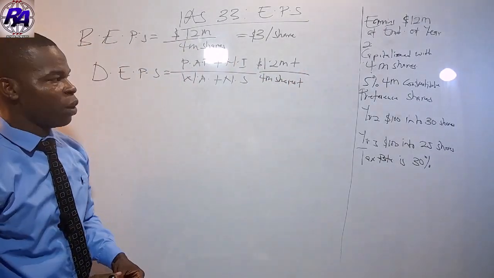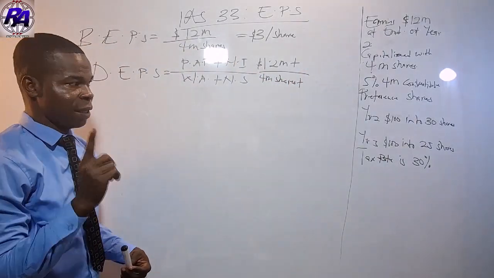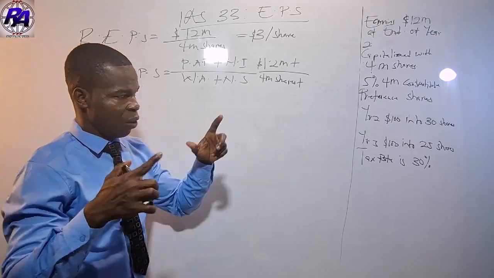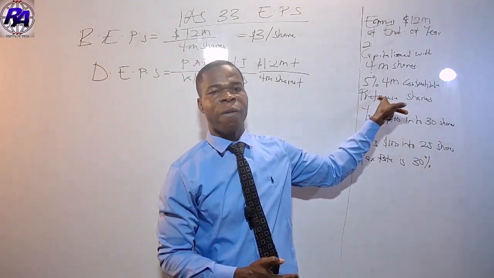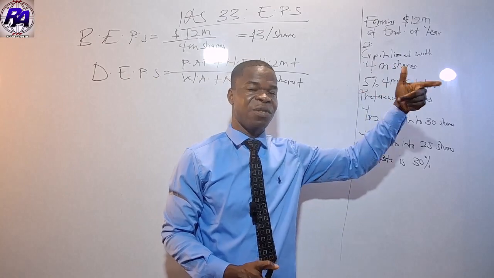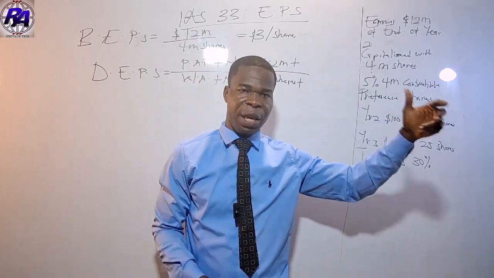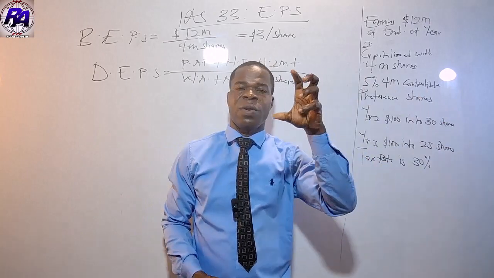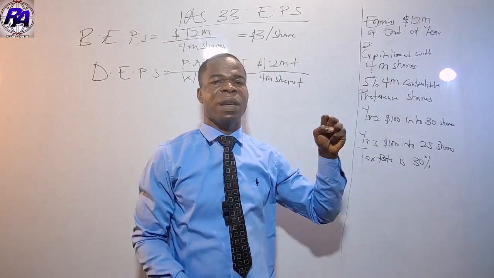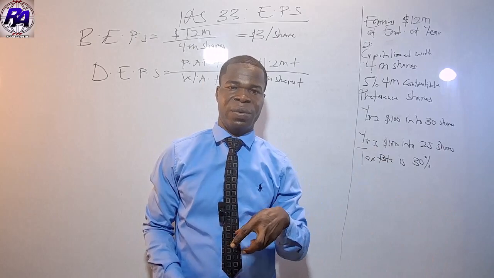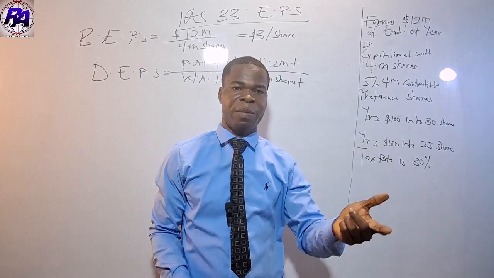So let's determine that. How do we determine our notional interest? The concept is that since we are going to convert this preference share, which we are paying interest on, you will no longer be required to pay the interest. So that amount becomes a profit to you. That's what we call notional interest or notional profit.